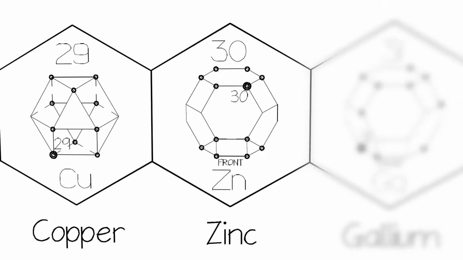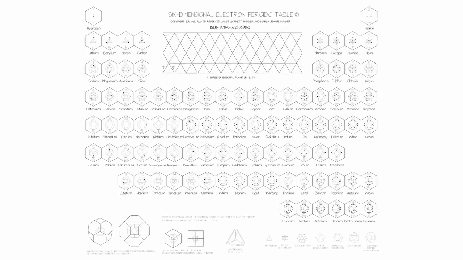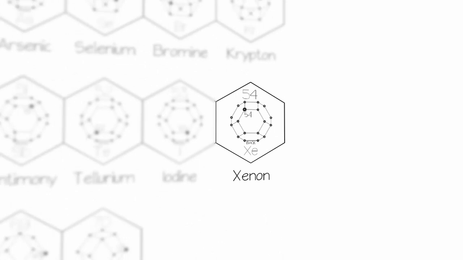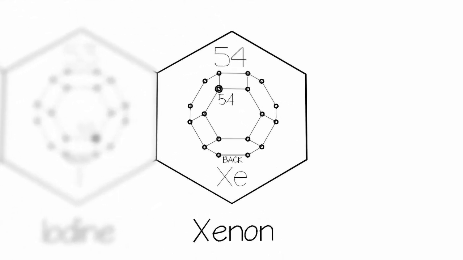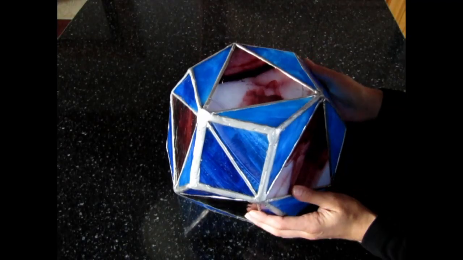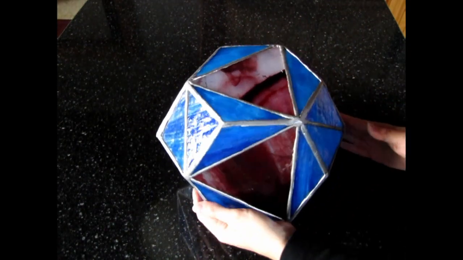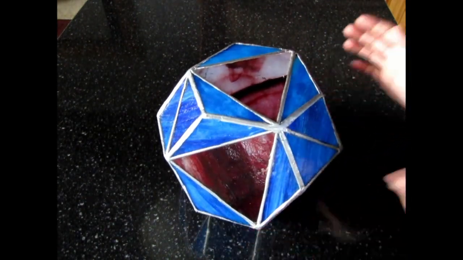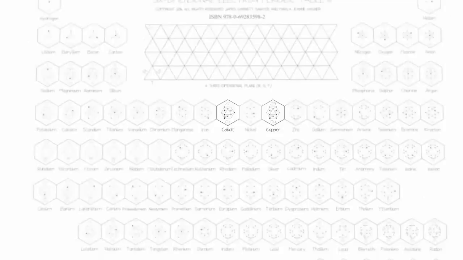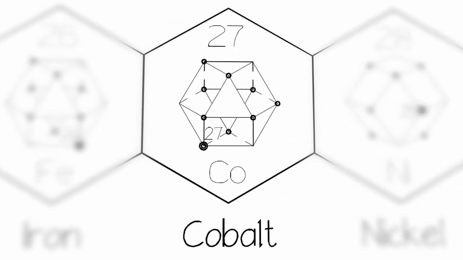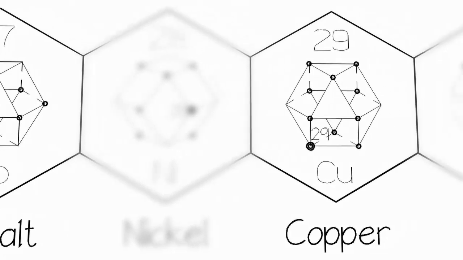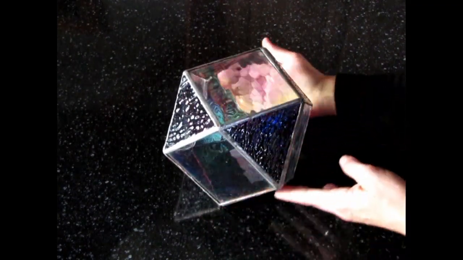Potassium up to zinc, there's 12 electrons. The next jump is going up to xenon. Xenon is 24 electrons above zinc, and the model for that is a truncated octahedron. Cobalt was bonding in 6 directions, for example, with ammonia.